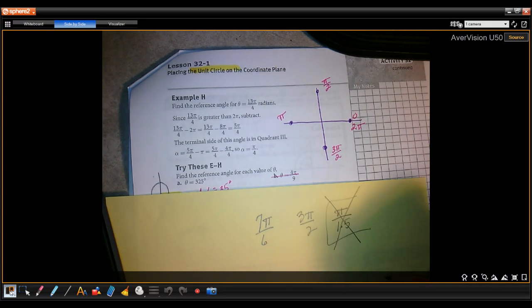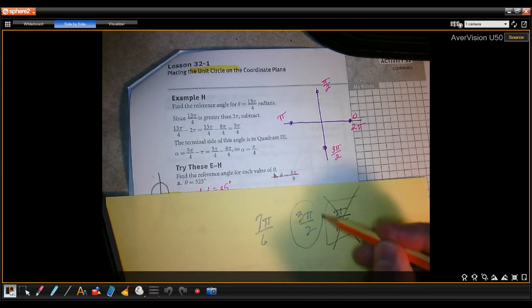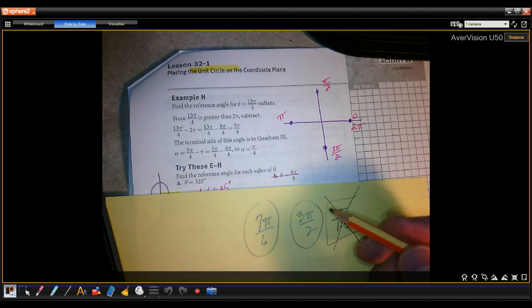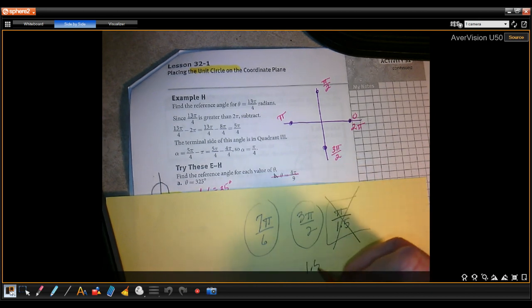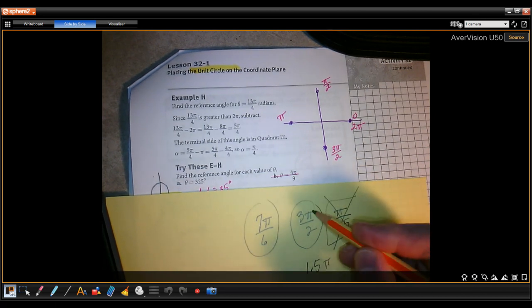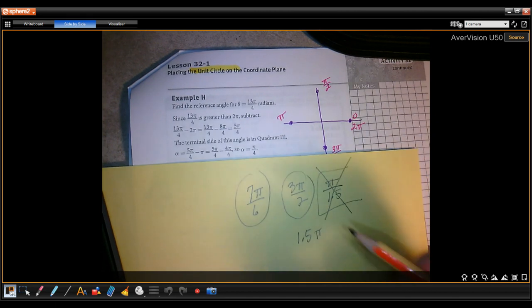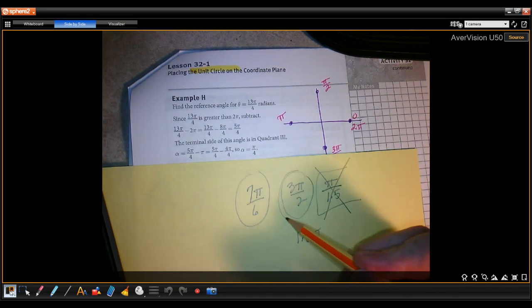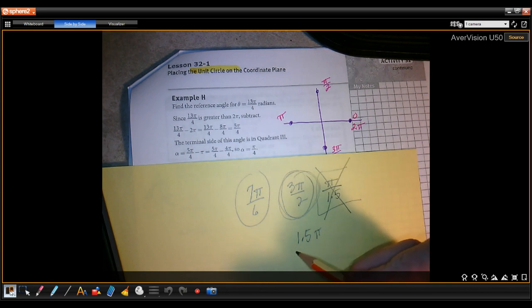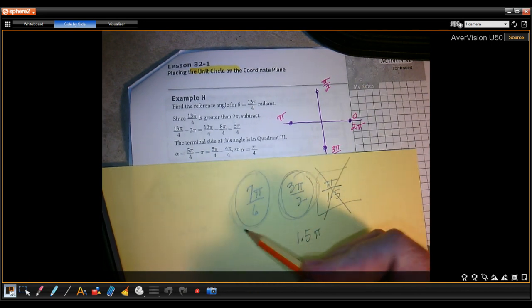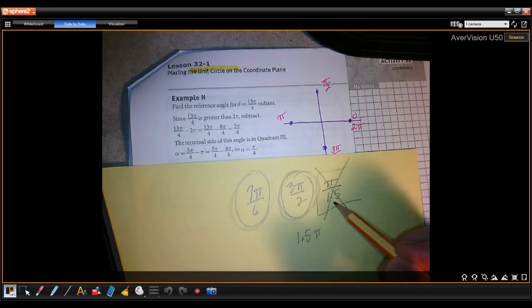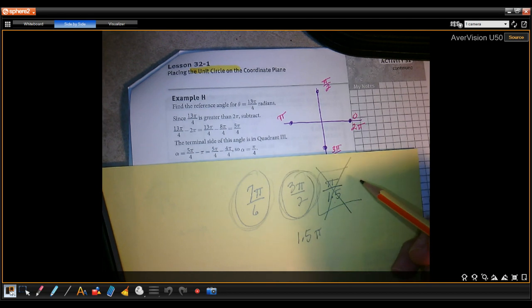Do not do that. So this is a better answer. This is a better answer. And this is the same thing, which sometimes it's okay. But when it comes to the unit circle, this is what I want right here. So keep your answers in fraction form like this. No decimals in the denominator. That's not a good way to write your fractions. So not sure where that came from, but I saw that more than I wanted to.